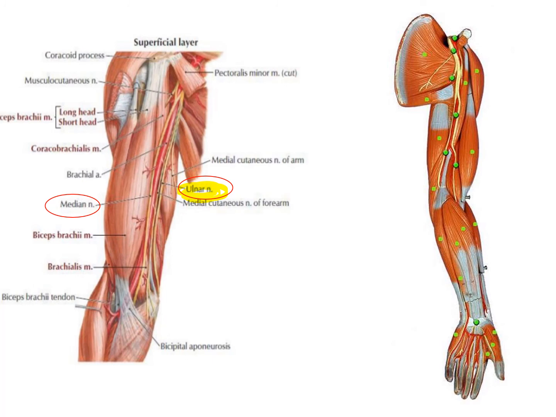We have the ulnar nerve, right? And then we have the median nerve, right? Notice how they're both running medial to the biceps brachii, which hopefully is recognizable right there, right? And so we have the ulnar nerve running right along there, and then we have the median nerve running right along there across the elbow pit, right?